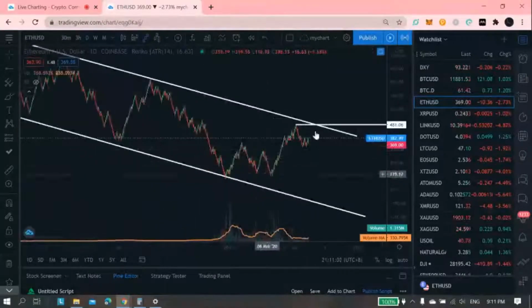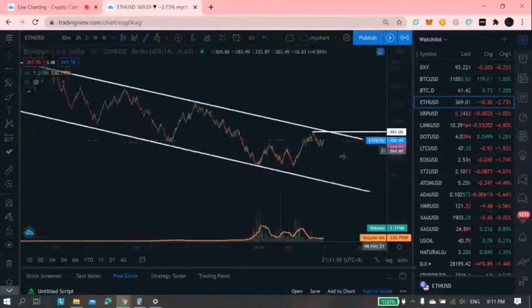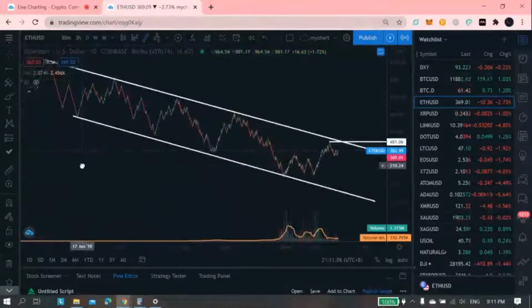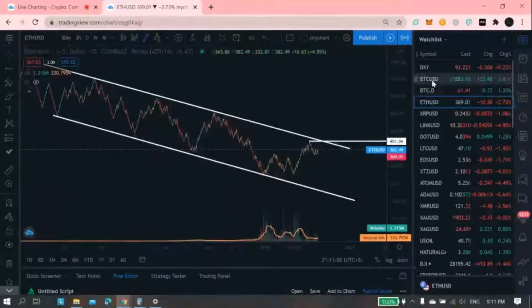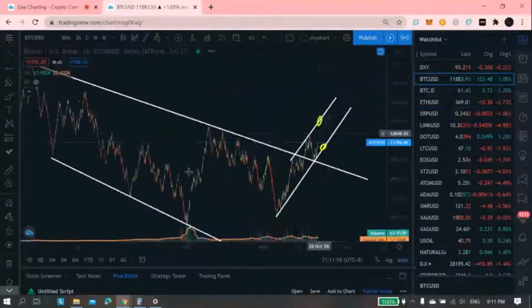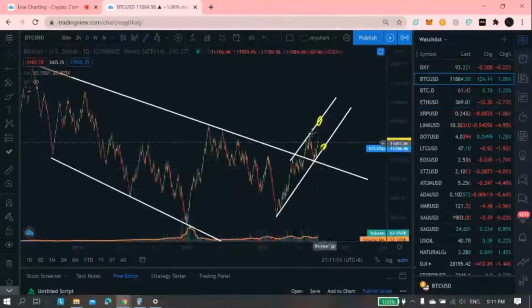Though it's creating an uptrend here, it's still within the downtrend channel, as compared to Bitcoin, which from the downtrend created a new upward channel.